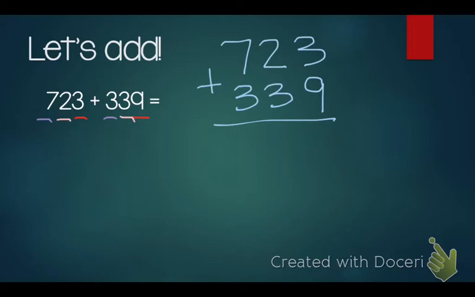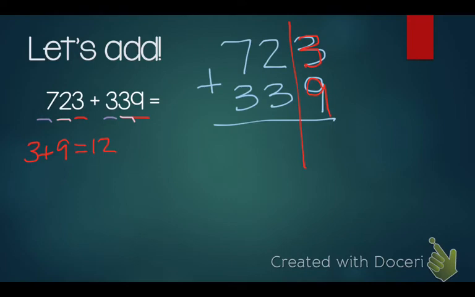So we're going to first add 3 plus 9. Now what happens when we add 3 plus 9? Well, 3 plus 9 gives us 12. And when we're adding, we can't write more than one number in each column, meaning we can't write more than one number in this space underneath 9 and 3. We can only write one digit.